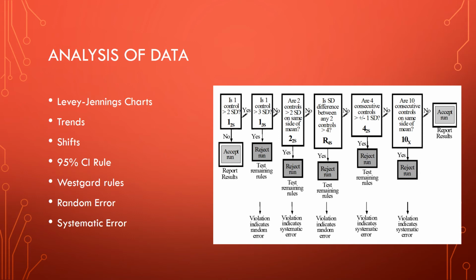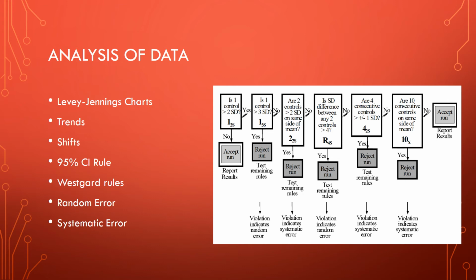So remember, you have a Levy-Jennings chart set up for each test, and you have a different line for each individual control material. If we stick with glucose, you have your glucose low, your glucose normal, and then your glucose high material if you run 3 QCs. And you chart each of them on their own, with their own separate line on a Levy-Jennings chart.